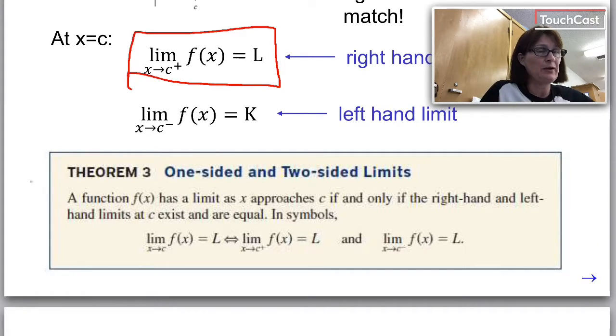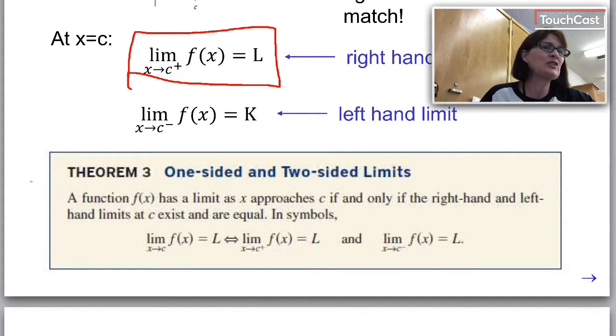There's a place on your paper to write it out in words and a place to write it out in symbols. I just copied and pasted this from your textbook, so you can look in your textbook too. A function f has a limit as x approaches c if and only if the left-hand limit and the right-hand limit are equal. So what's written down below in symbols is one good way to write that.